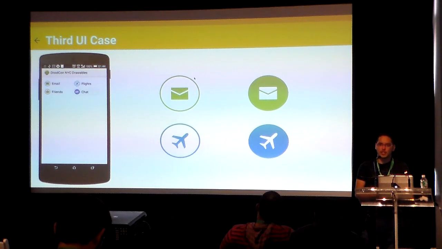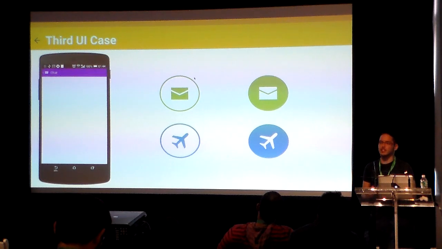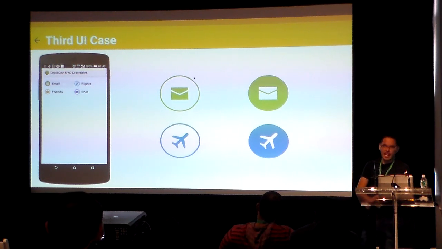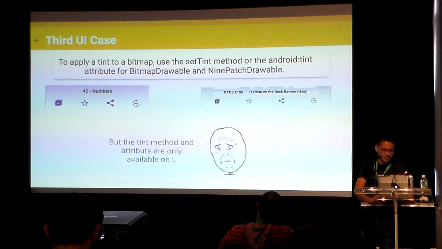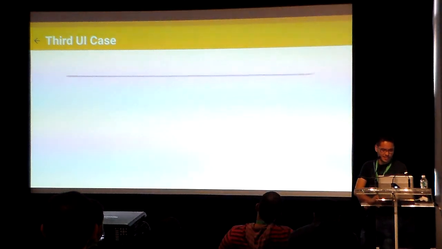So to apply that to a button, what do I need? I need a state list. I believe that most of you have already played with the state list somehow. Maybe not programmatically, because this is a very particular case, but for sure in XML. And there is a tricky thing with the state list drawable. And what it is, let's come back.